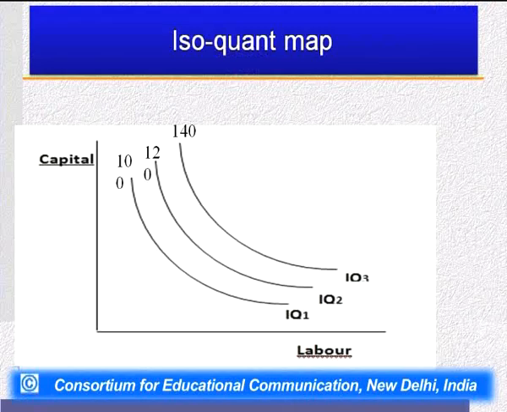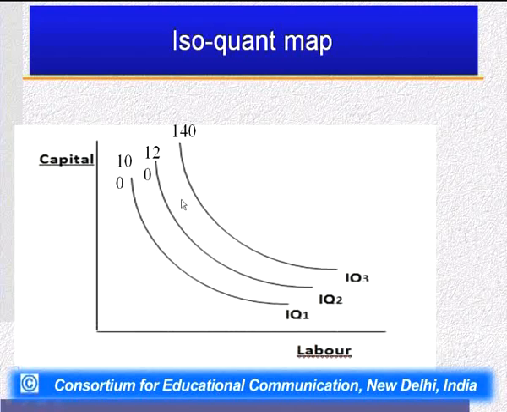But if we are talking about different levels of output, it clearly means that we have a set of isoquant curves. A higher isoquant indicates a higher level of output. Here you can see in our figure we have IQ1, IQ2 and IQ3. Suppose anyone asks which curve gets more output than another curve.